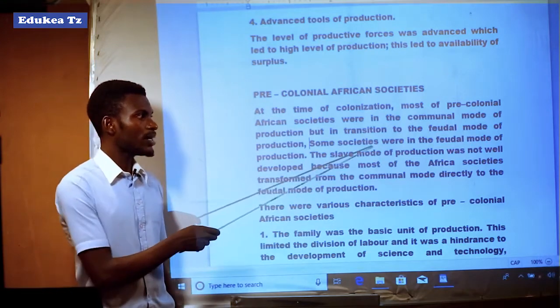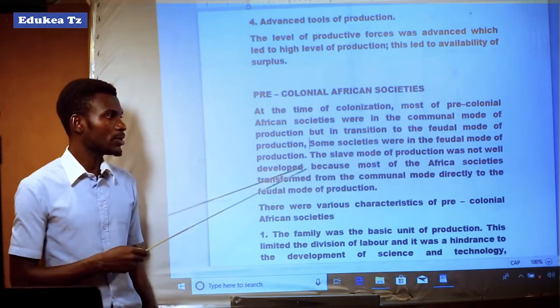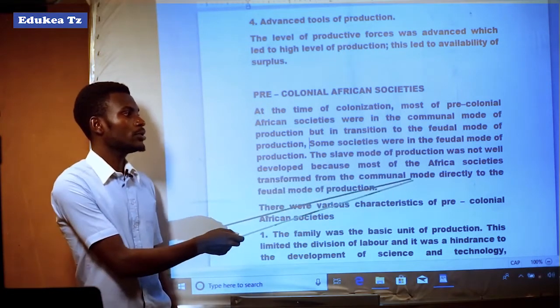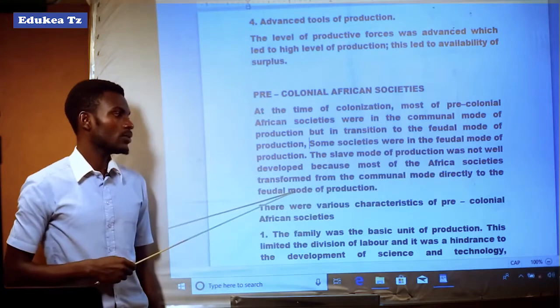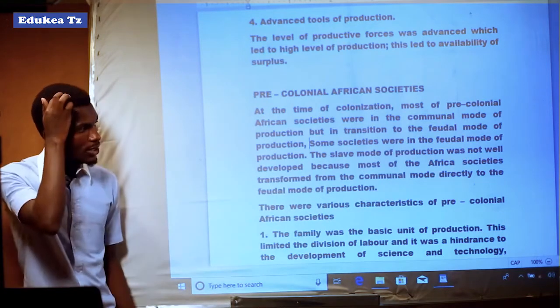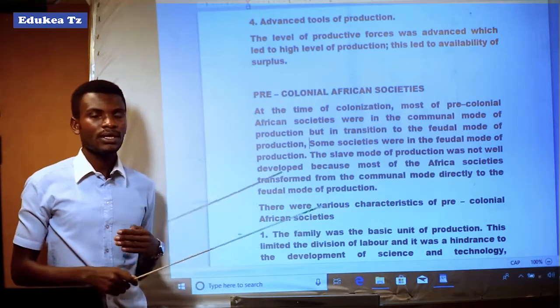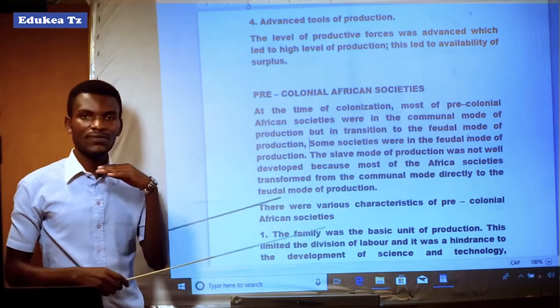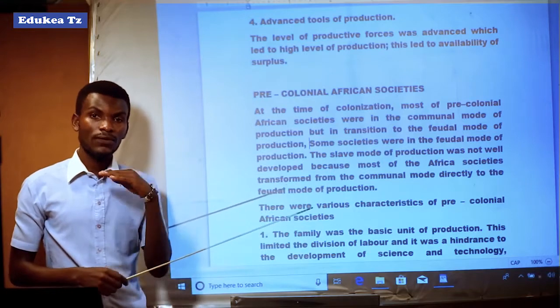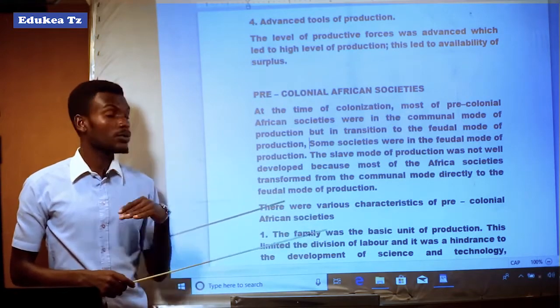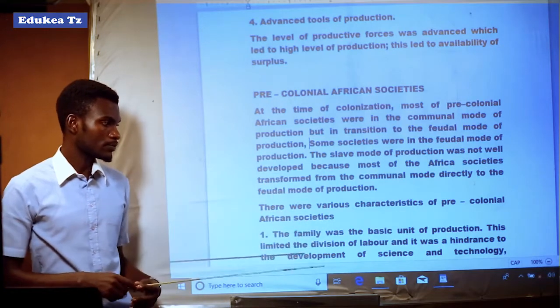The slave mode of production was not well developed in Africa because most of the African societies transformed directly from the communal mode of production to the feudal mode of production.